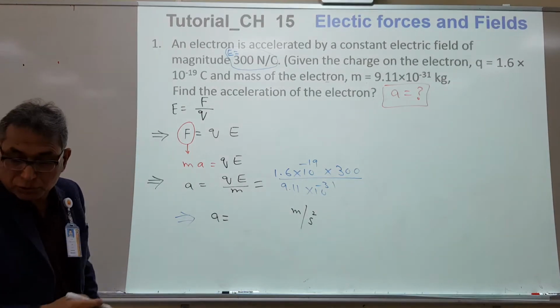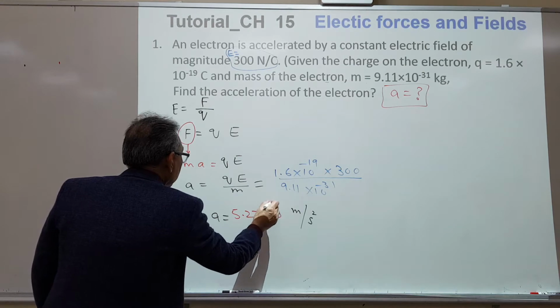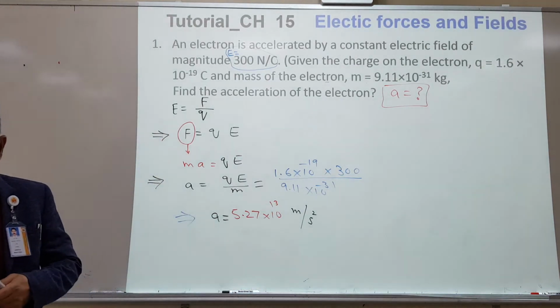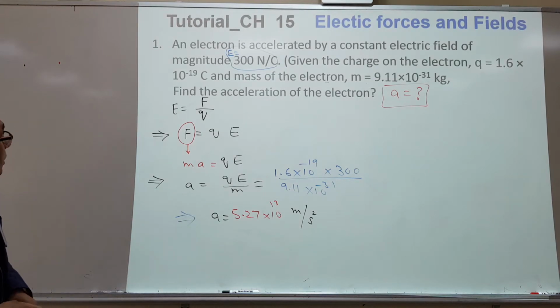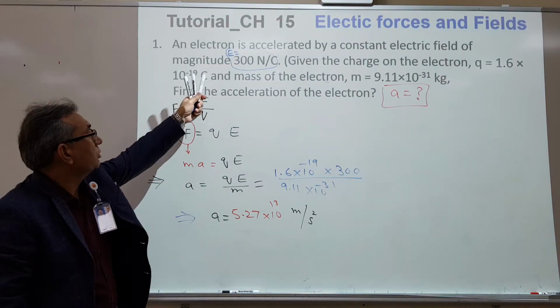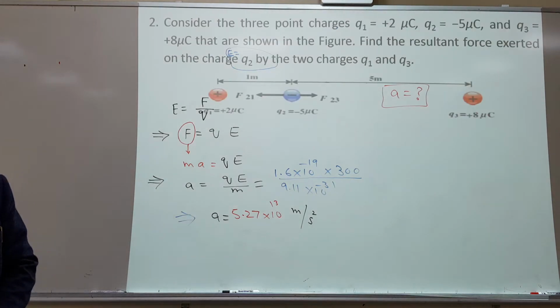Yes, 5.27 times 10 raised to the power 13 meter per second square. So this is the acceleration of the electron when it is accelerated by a constant electric field of magnitude 300 Newton per coulomb. So this is your answer. Next question.